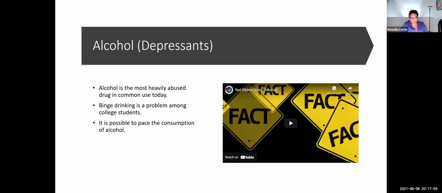So we're going to also review alcohol with nicotine a little bit further on in the semester, so I'm not going to concentrate too much on it. But alcohol is the most heavily abused drug in the US, even more so than nicotine. We talked last week about binge drinking, about how people get alcohol into their bodies, soaking tampons, ocular drinking.